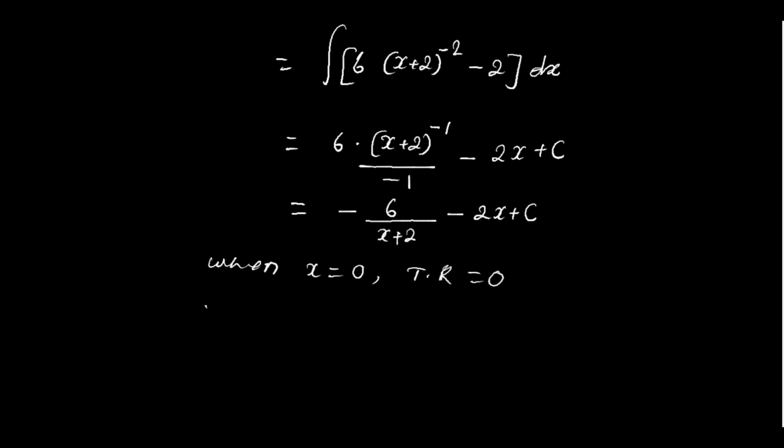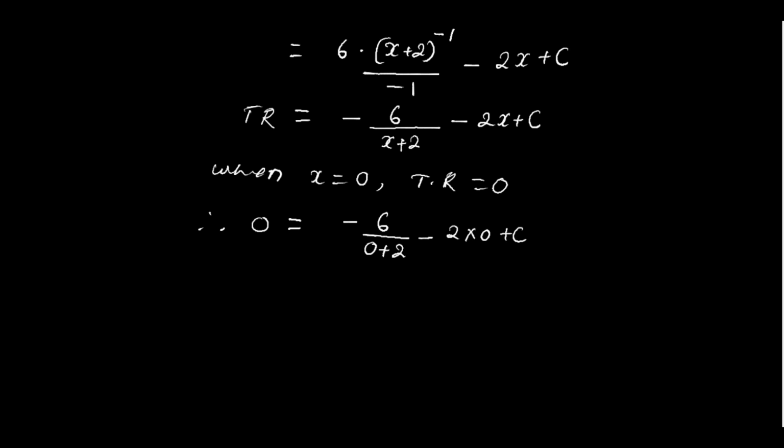Therefore the total revenue is 0. Therefore TR equals 0: 0 equals minus 6 by (0 plus 2) minus 2 into 0 plus c. That is 0 equals minus 3 plus c.